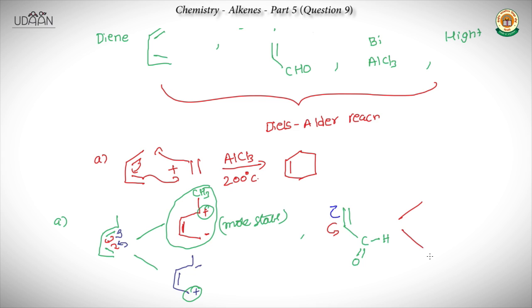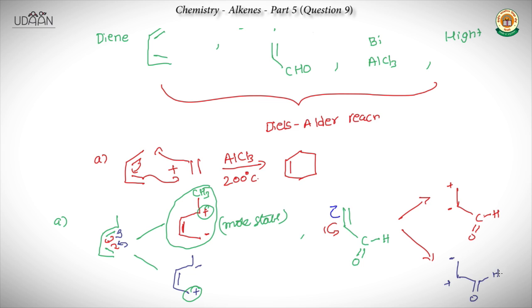Now, if it goes through the path indicated by red ink, you will get a compound like this, with the bond shifts in this direction, so you have a negative charge here and a positive charge here. And if it shifts as indicated by the blue arrow, you have a negative charge here and a positive charge here.